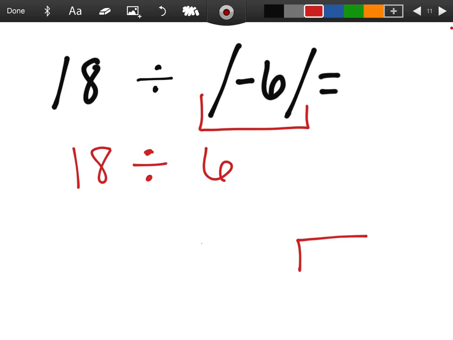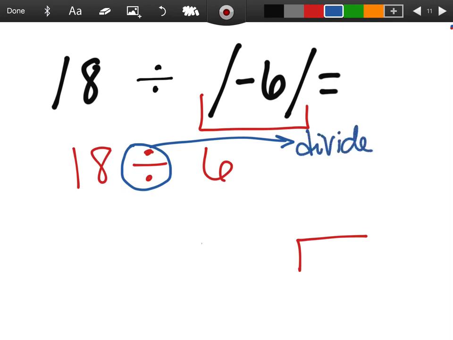How do I know which one goes inside the radical? Well, if I were to just read it, this would say 18 divided by 6. And because this is 18 divided by 6, I know that 18 goes on the inside, 6 goes on the outside, and now I can just run my math.